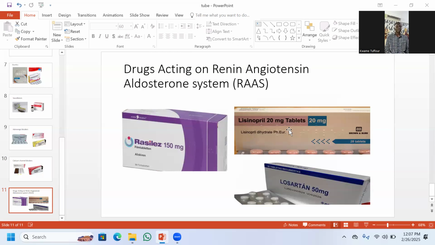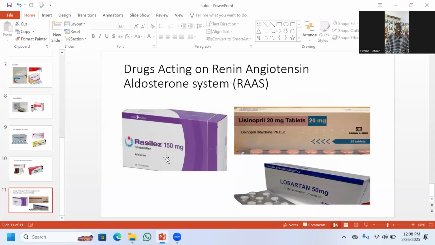For the drugs acting on the renin-angiotensin-aldosterone system, I would want you to give it a try, put it in the comment section, pick them one after the other, and explain their class as well as the mechanism of action. So the first one is aliskiren, which is a renin antagonist.